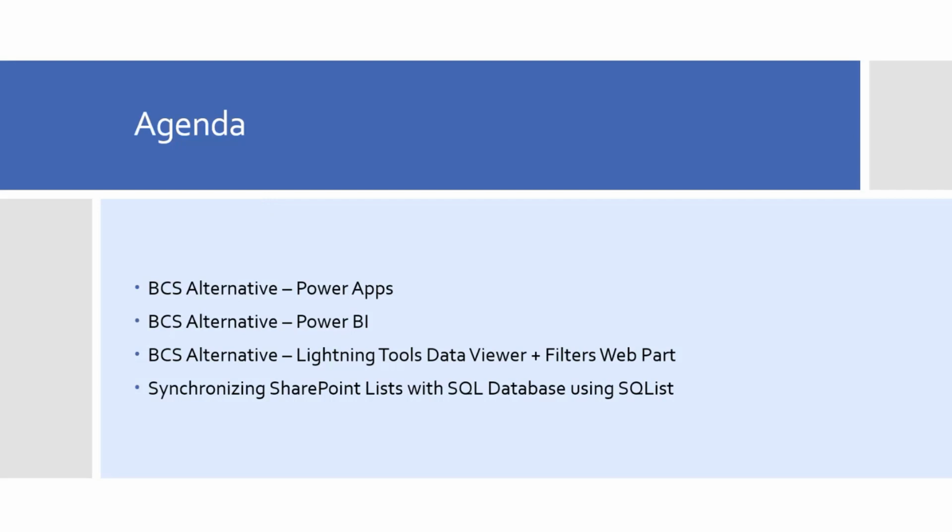But what I want to show you today is also how Power BI might be an alternative to Business Connectivity Services inside of SharePoint. Then, of course, we're also going to demonstrate some of our products, such as the data viewer, along with the filters web part, and a new product through a partnership, which is known as SQList, and how they could also form part of an alternative to Business Connectivity Services as well.